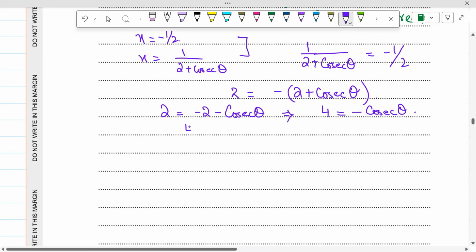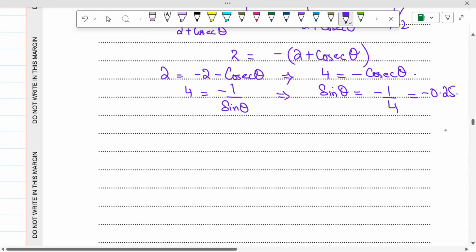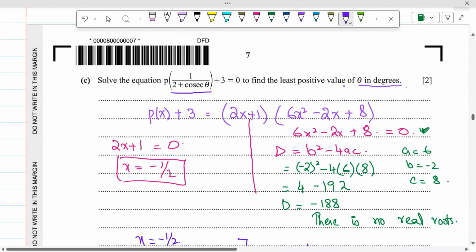So we can write 4 = −1 over sin θ, and sin θ is equal to −1 over 4, which is −0.25. We need to find the value of θ, and it should be the least possible value.